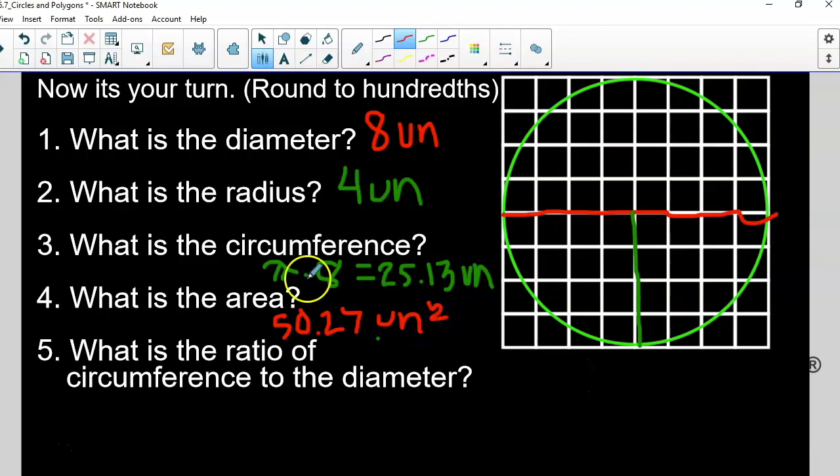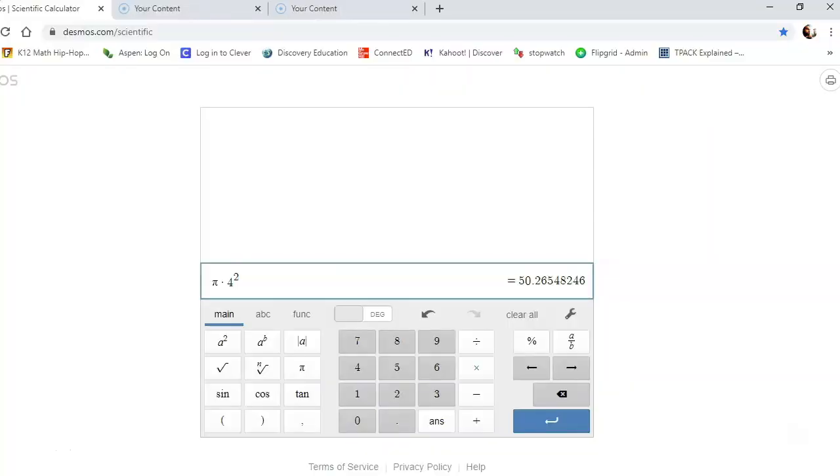All right, and then last but not least, what is the ratio of the circumference to the diameter? Talking about that ratio, comparison of two numbers. Well, the circumference is 25.13 and the diameter was 8. 25.13 divided by 8. Now, what does that equal? Well, let's get our Desmos calculator.